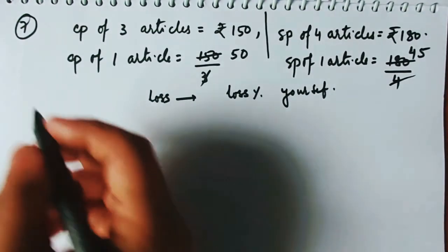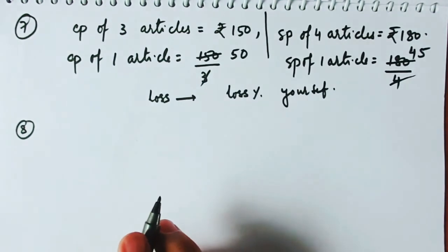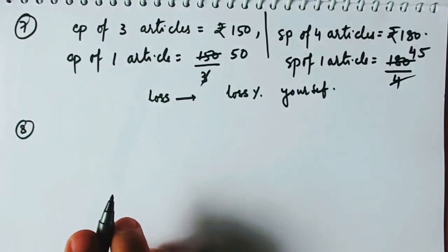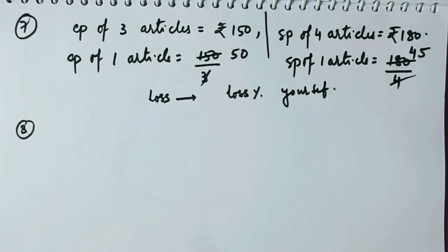Come to number 8, and in 8 we find that a vendor buys 120 sweets at 20 paise each. Once again, let us talk about this vendor who buys sweets. At what rate?